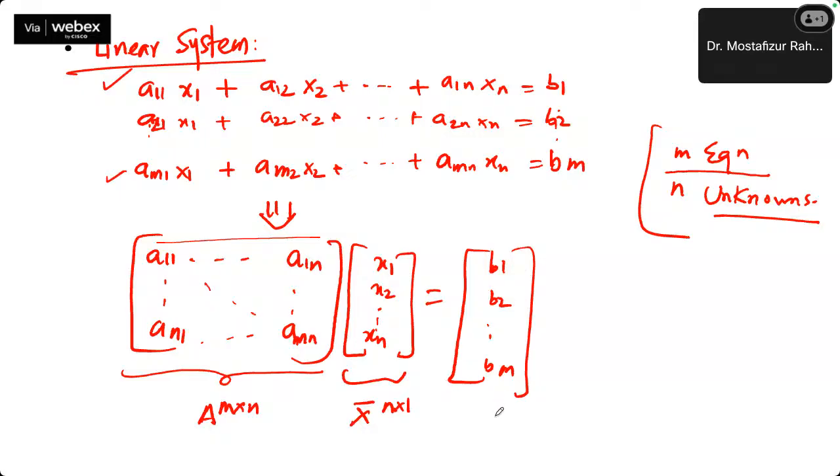Similarly for b, we call it b bar, m cross 1. So b bar is m cross 1, and your x, the unknown, for which we are trying to find the solution, is n cross 1.